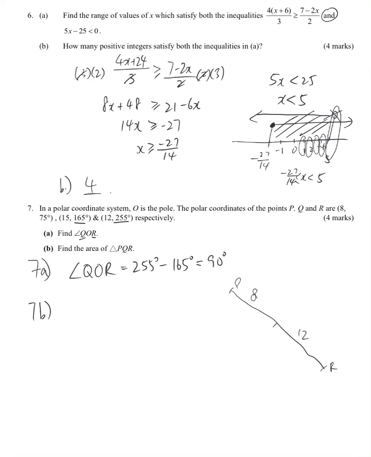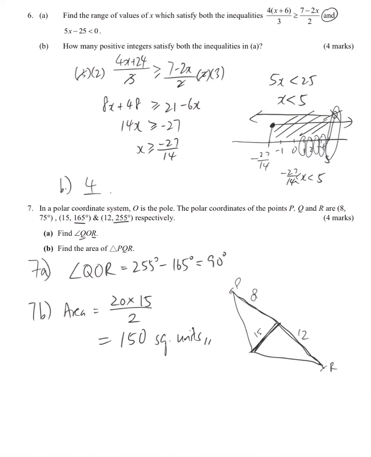So, and then we have the height. In this case we have the 15. So it's actually a triangle. So base, which is 20, so area, base times height, 15 divided by 2, so it's 150 square units.